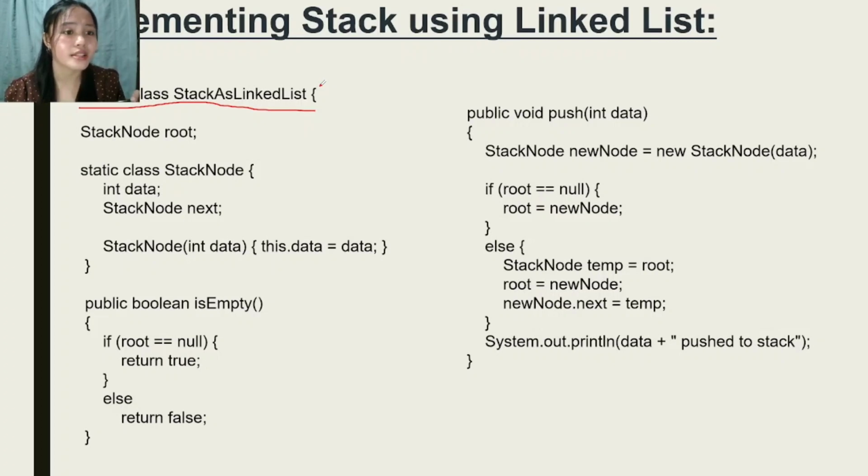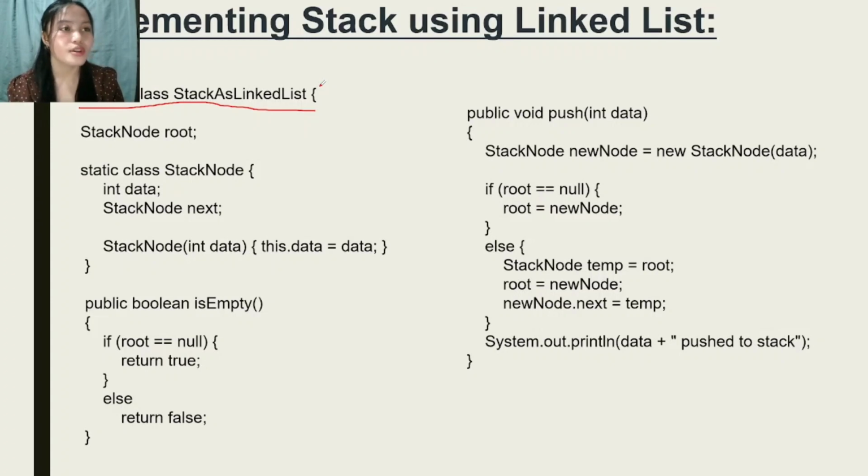So next, we declared a StackNode root, like the top. Okay, root is similar to top. We created a StackNode top or root. So when we say StackNode, let us consider every element as a node.